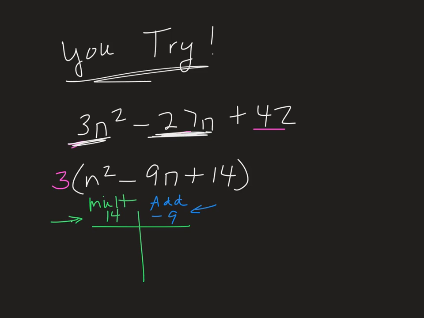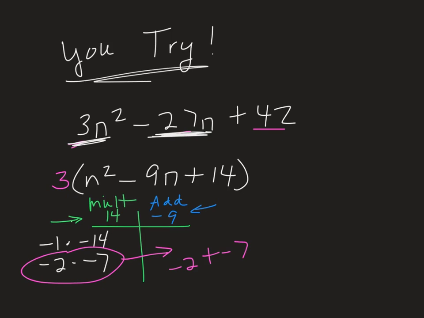So I'm going to try -1 times -14. Obviously, those don't add to -9. Then I'll try a -2 times -7, and there we go. Because -2 plus -7 also equals -9.